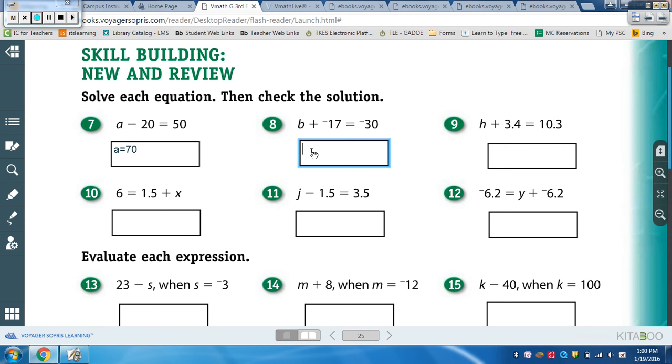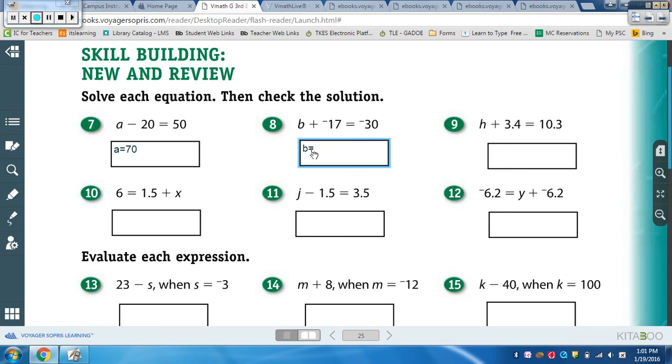Number 8, B plus negative 17 equals negative 30. You're adding negative 17 to B, so therefore we must subtract it. So you will have B plus negative 17 minus negative 17. So you'll be left with B on the left-hand side of your equation. And then you'll have negative 30 minus a negative 17.